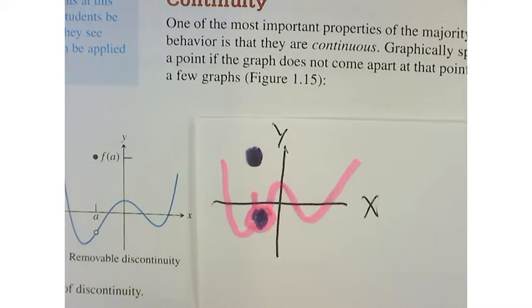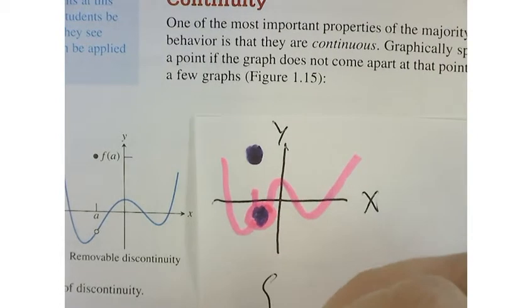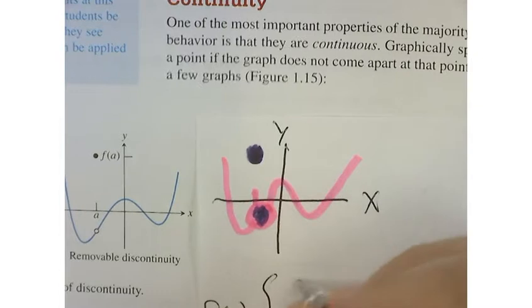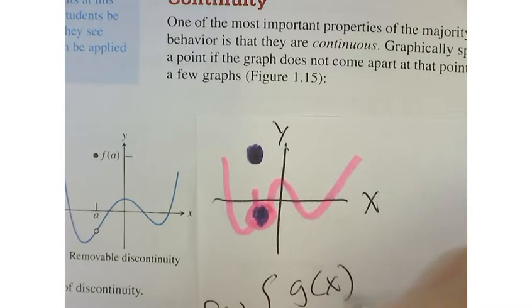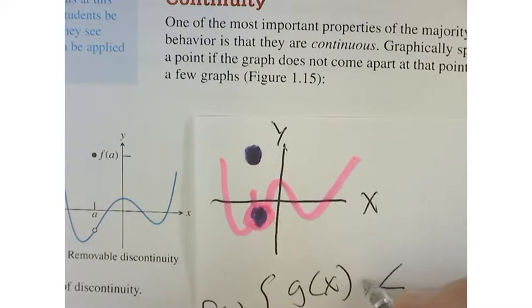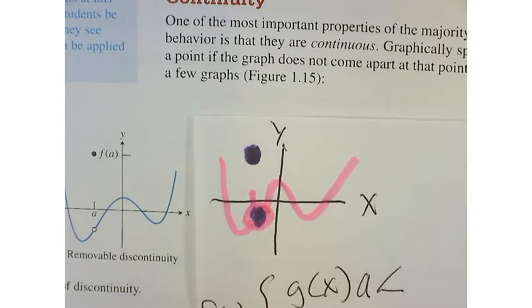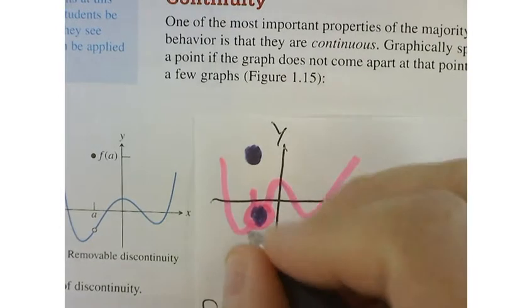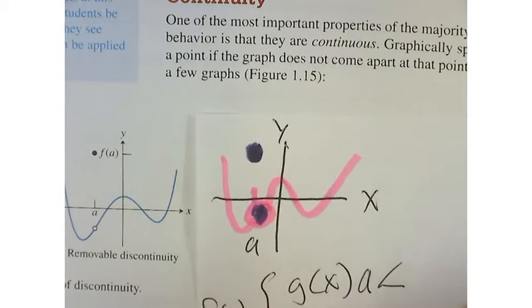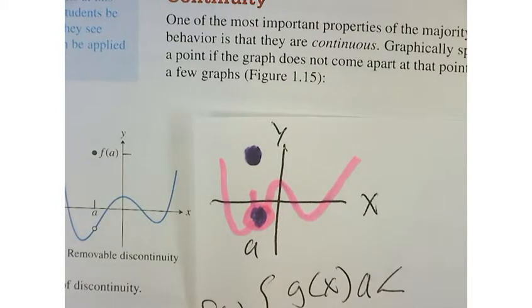So I could say f of x is g of x less than a, right? And I could call this point here A, and then I could say h of x at A, and then I could define it after A if I wanted to.